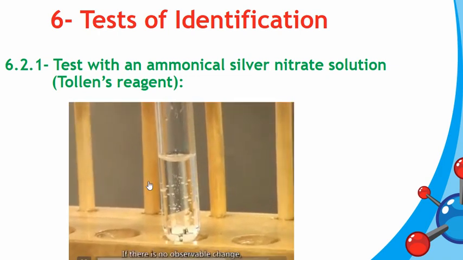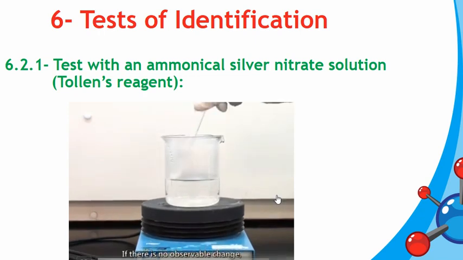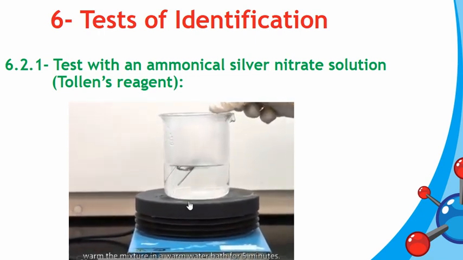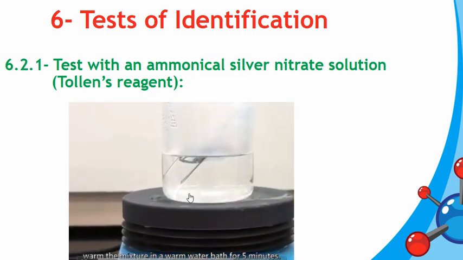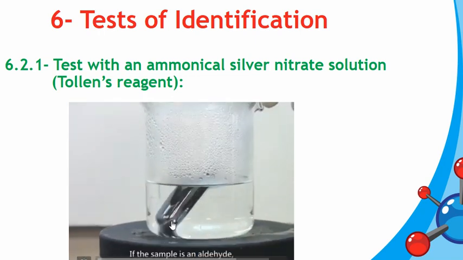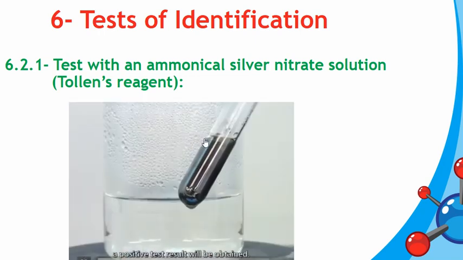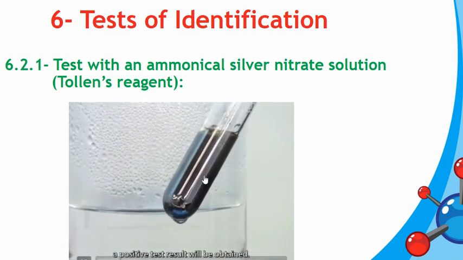Without heating, we cannot observe the formation of silver mirror. We heat for 5 minutes. After 5 minutes, we observe the formation of silver mirror, indicating that the organic compound is an aldehyde.